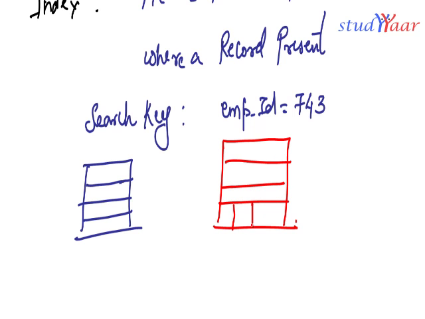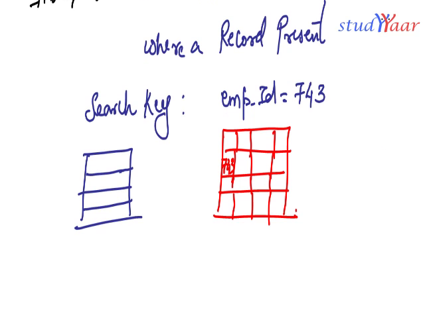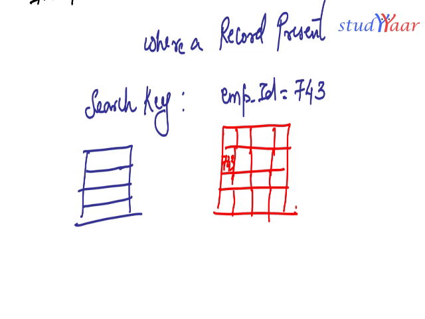I would have information in my file, and I would have one record where employee ID is equal to 743, and over here I would have many values.